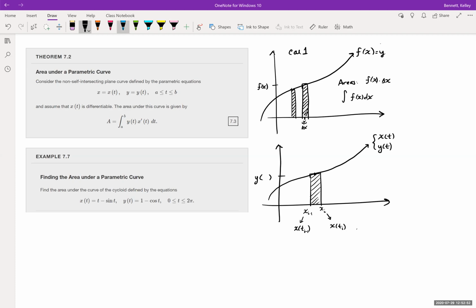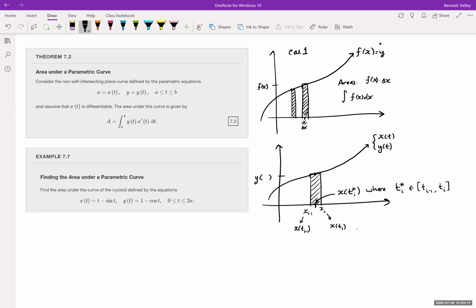So I'm just going to do the typical thing where I'm just going to let this be x of t i star, where t i star is just somewhere in the interval from t sub i minus 1 to t sub i.